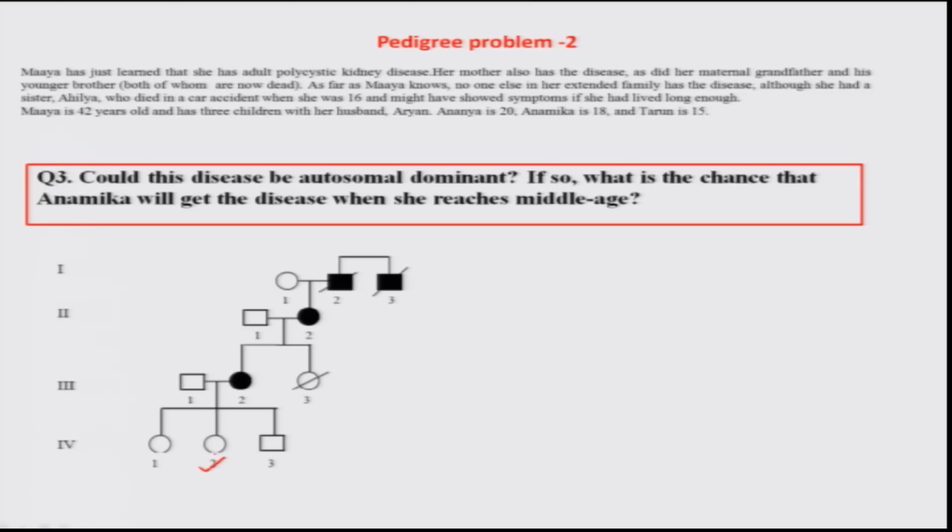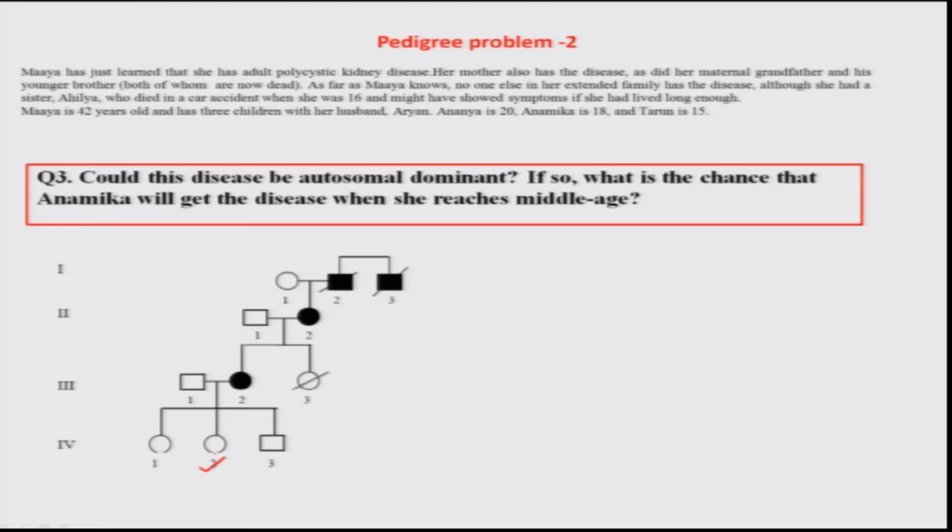Coming to the first part, it seems very likely that this is autosomal dominant, because, if you have gone through the first lecture of week 1, where we explained the pattern of autosomal dominant inheritance, it shows in all the generations, and it affects male and female equally. So it seems very likely that this is autosomal dominant.